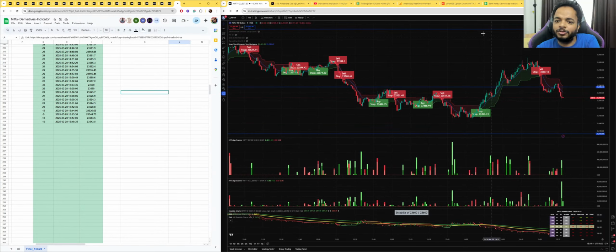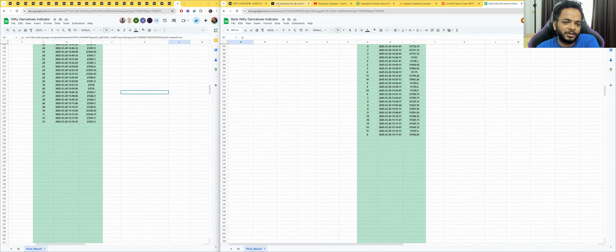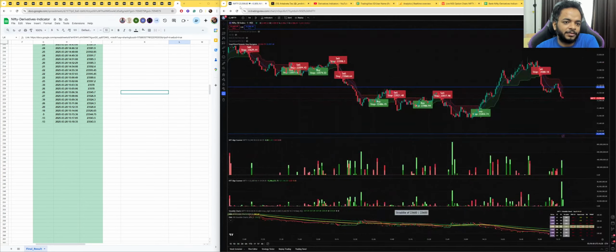Money flow is in the neutral zone for Nifty, and for Bank Nifty it is also in the neutral zone. From analyzing the last 1 hour or last 30 minutes, the message we are getting is neutralness.